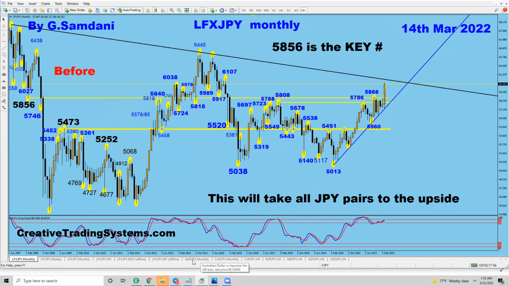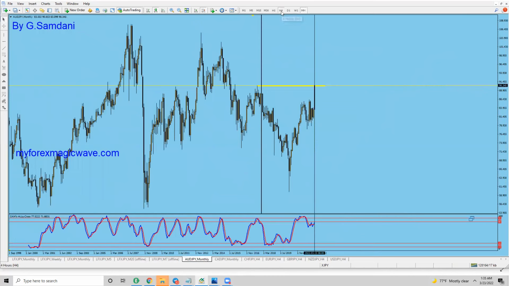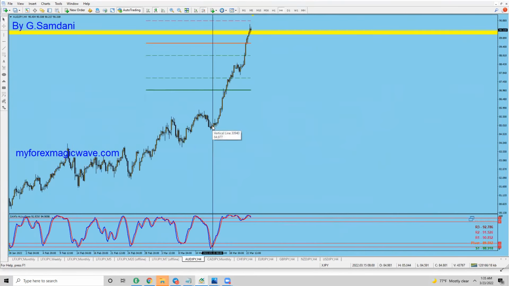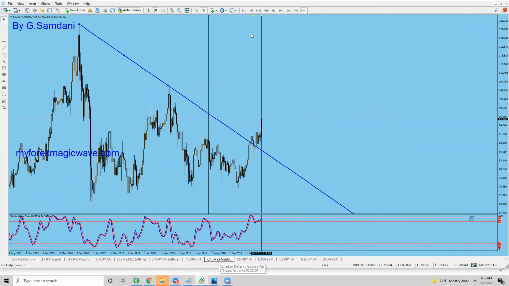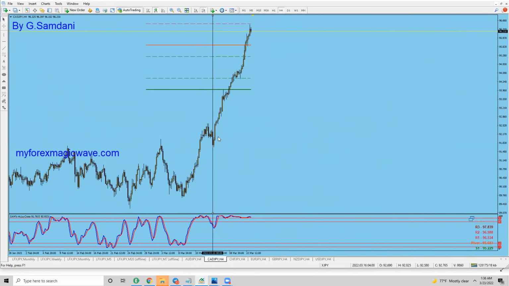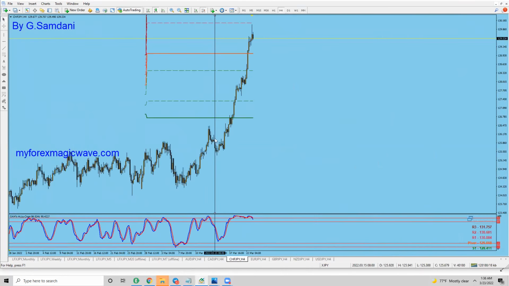All right, Aussie yen. Let me show you the 4-hour chart of all of these. See, this is 15th March, and it went up. CAD yen, 4-hour chart. Look at that, 15 March, and it goes. Franc yen, 15 March, up.